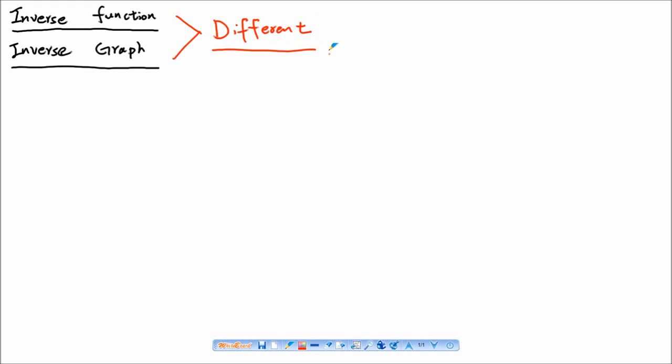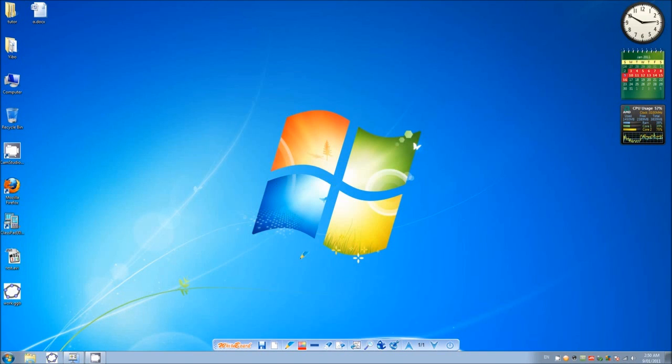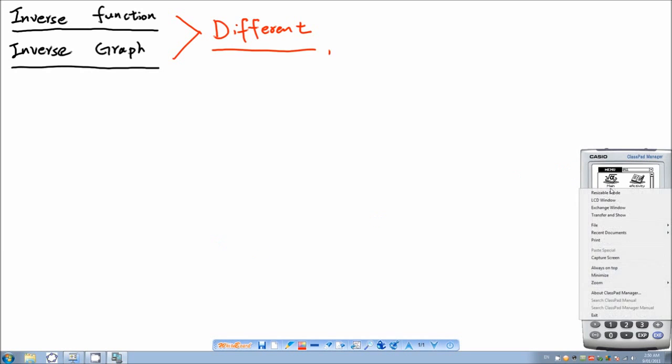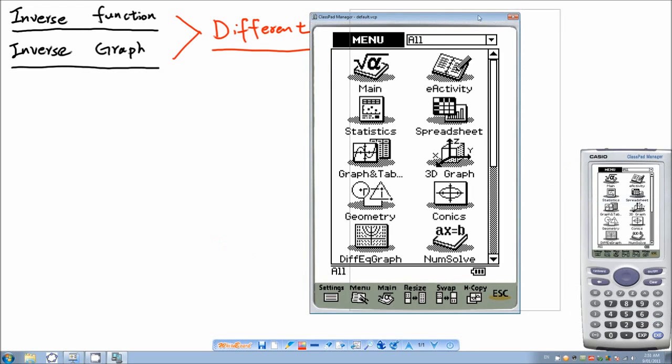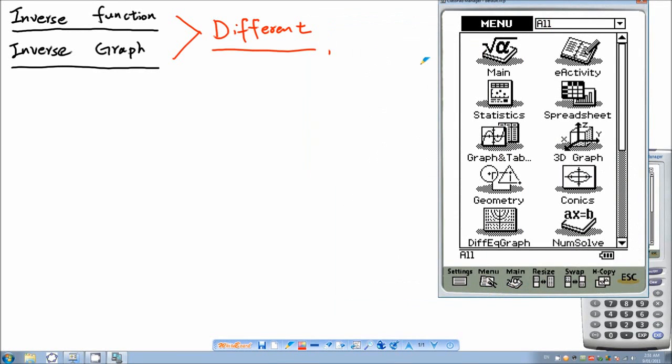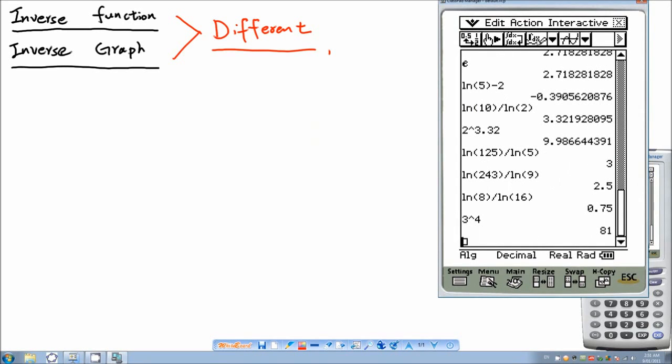And I show you how using the examples before. By the way, you can also use your calculator to find out the inverse graph. Let me do an example.